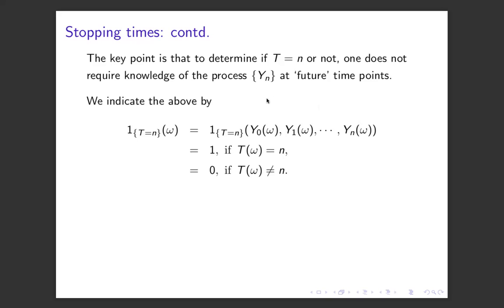To indicate these things, it is better to write it this way. The indicator function of the set of all omega such that T omega equal to n. That is what T equal to n means. The value of that function at an omega will also be a function, a composition of Y1, Y2, ..., Yn and this indicator function.